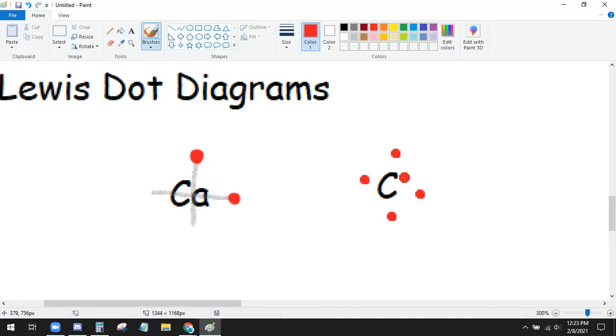Mine are a little offset, so I can actually do that different if you want. 1, 2, 3, 4. I have 1 on each side. I don't have any more to add. This is the dot diagram for carbon.